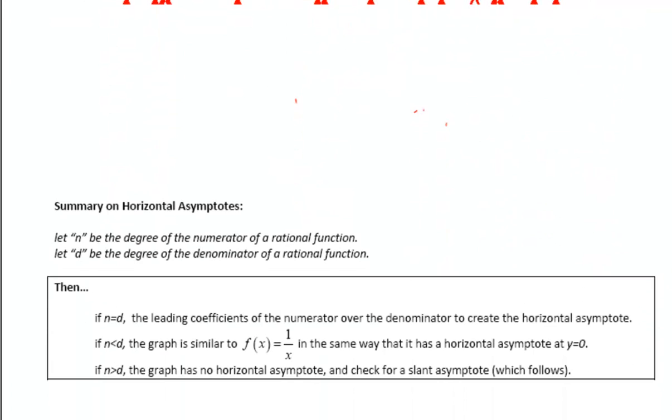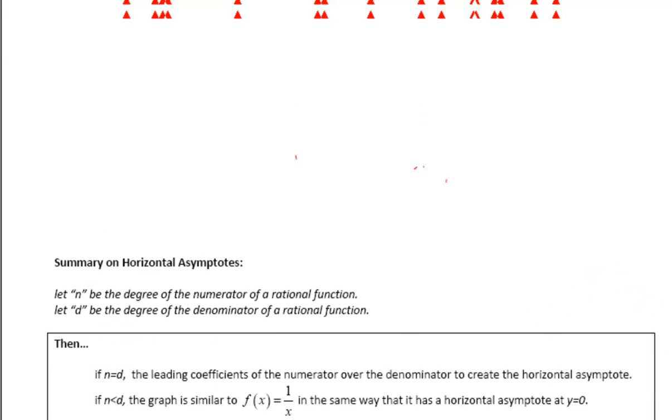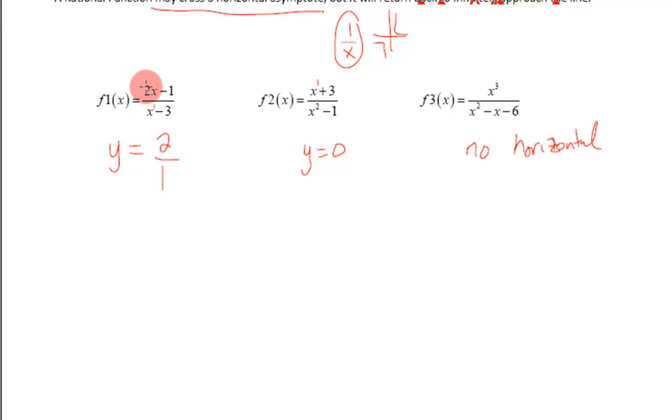Here's the basic summary then. If n is the degree of the numerator and d is the degree of the denominator, here are our findings. If they're equal to each other, then you just take the leading coefficients, like we did in F1, 2 over 1.